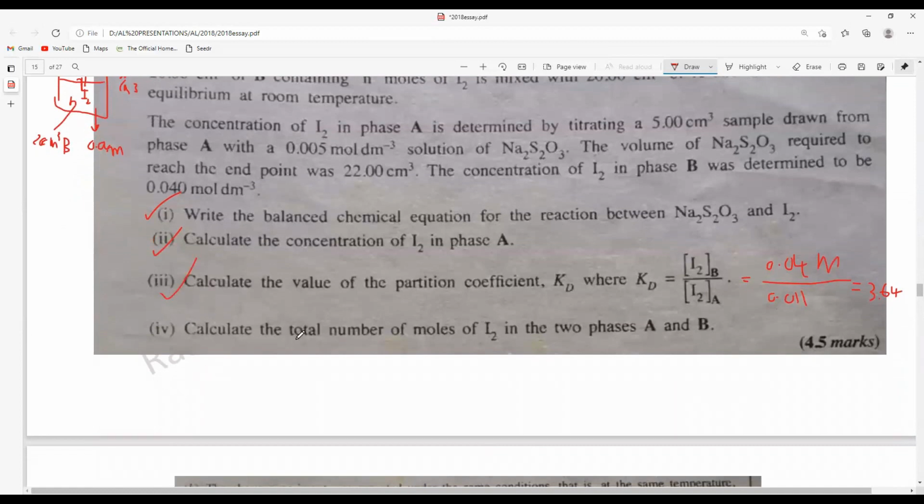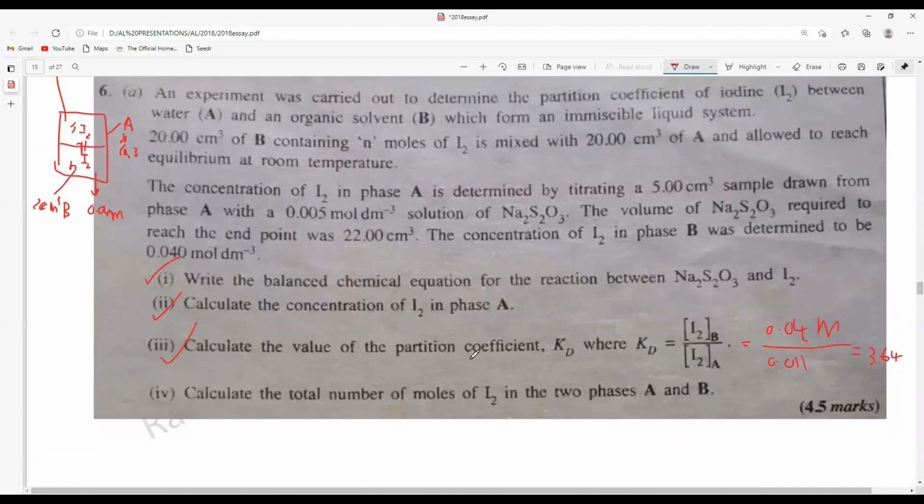The next one is to calculate the total number of I2 moles in phases A and B. When you know the concentrations, it is very easy, because you know the concentration of I2 in B and in A. You just multiply by the volume of these two phases.